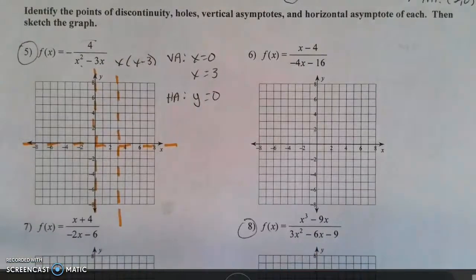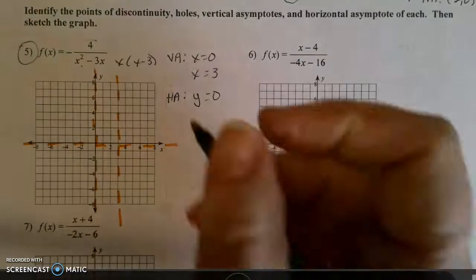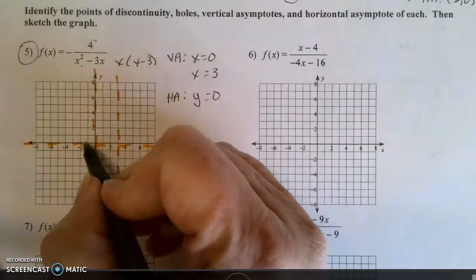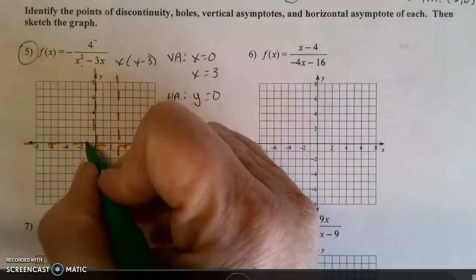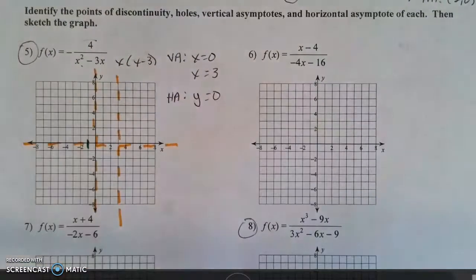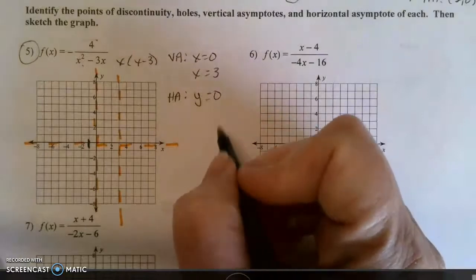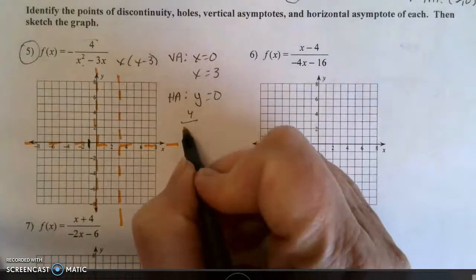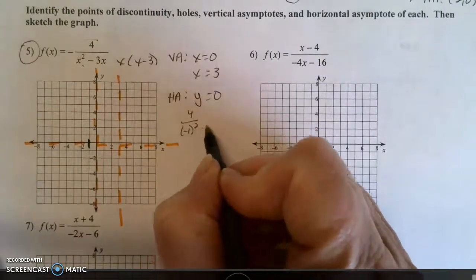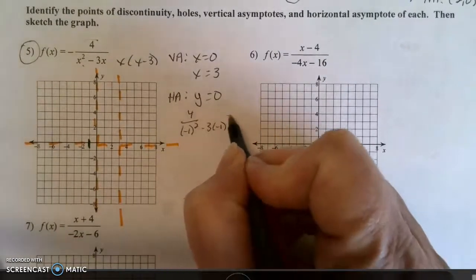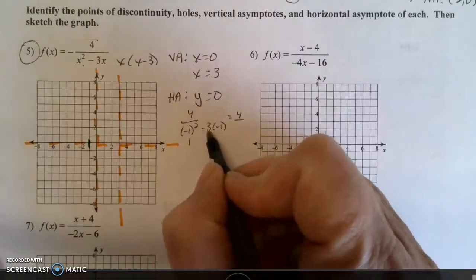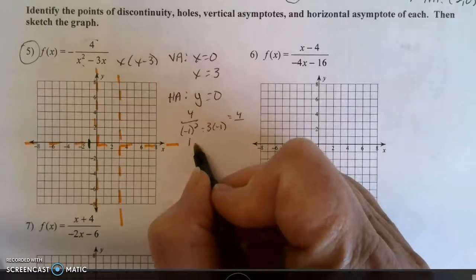Okay, now I've got to figure out where my graphs are. So I'm going to start plugging in points. I'm going to use this. So I'm going to start with -1. So if I let x be -1, I have 4 over -1 squared minus 3 times -1. -1 squared is 1. -3 times -1 is a positive 3.